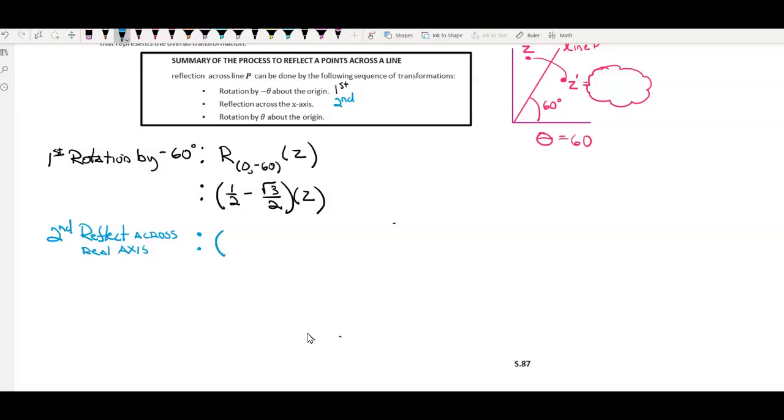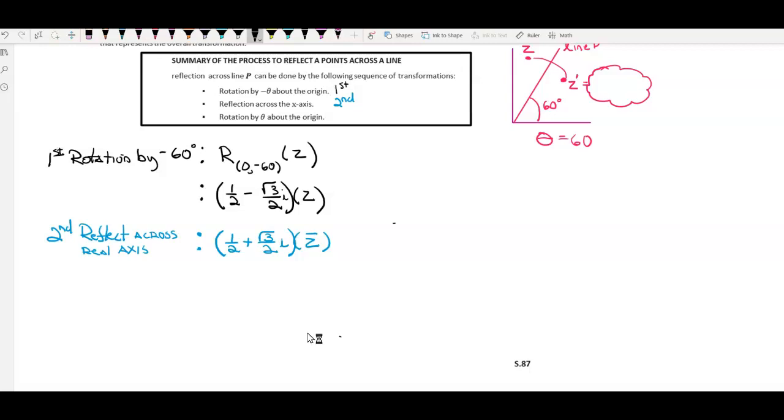So it's going to go 1/2 plus √3/2 i times the conjugate of Z. Whoops, I left off an i right here. That should have an i on it. So I did the conjugate.